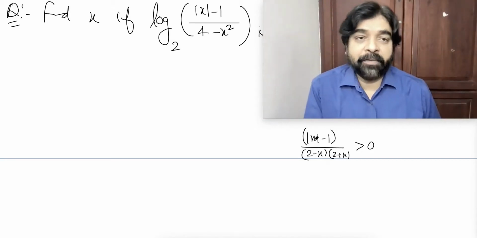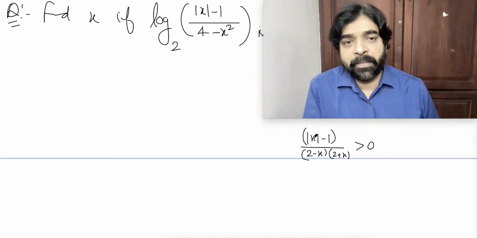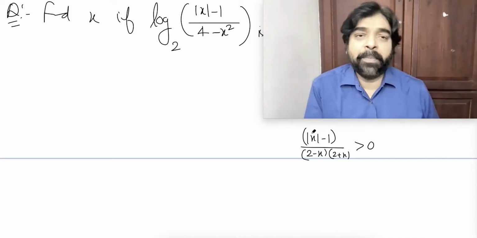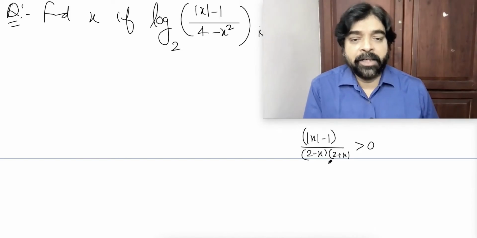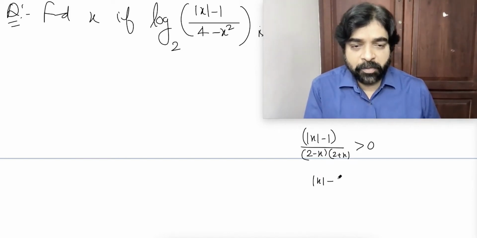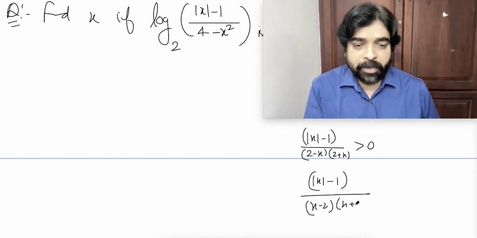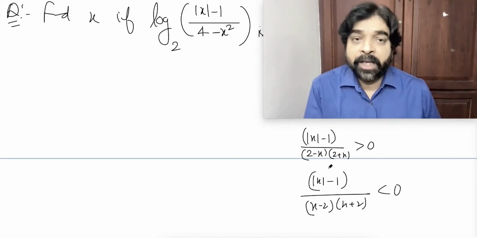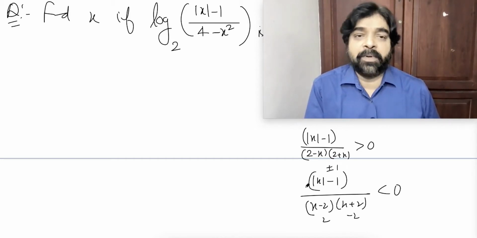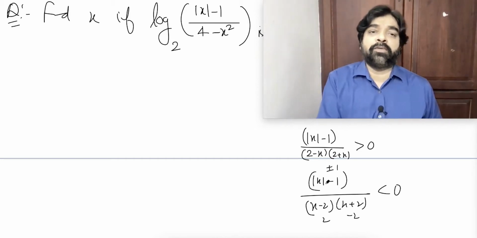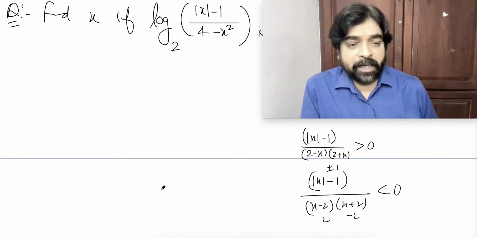So with zero on one side of the inequality, we follow the polynomial inequality method. Why not the modulus inequality method? Because we apply the modulus inequality only if a single mod is there. Here with the single mod some other things are there. The coefficient of x must be positive. So (|x| − 1) divided by (x − 2)(x + 2) less than 0. Critical points −2, 2, and also ±1, because this will be 0 when |x| equals 1, so x equals ±1.